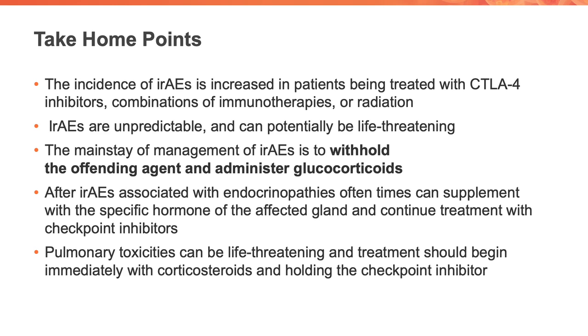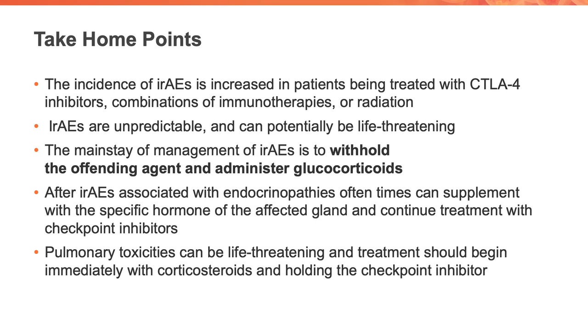Now, some take-home points. The incidence of immune-related adverse events is increased in patients being treated with CTLA-4 inhibitors, and also in patients who are getting combinations of immunotherapies or patients who had recent radiation. Immune-related adverse events are unpredictable and potentially can be life-threatening.